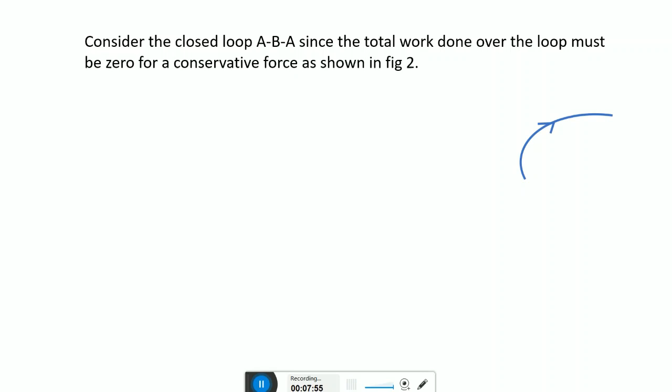We consider a closed loop ABA as shown in figure 2.